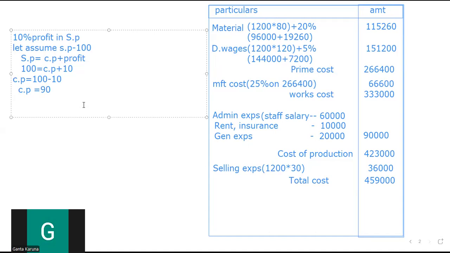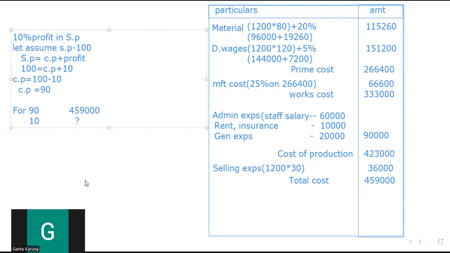We are going to find out. For 90, if it is 4,59,000, I want it only for 10. How much is for 10? That is a question mark we are going to put.